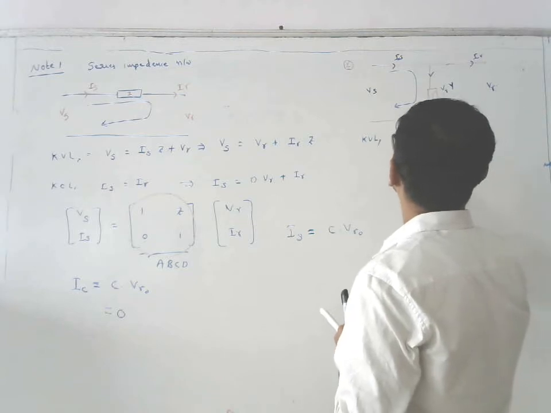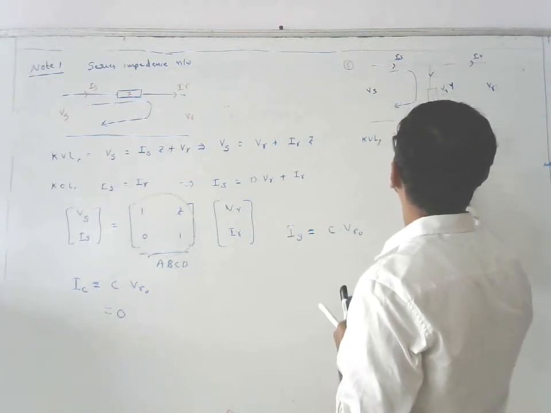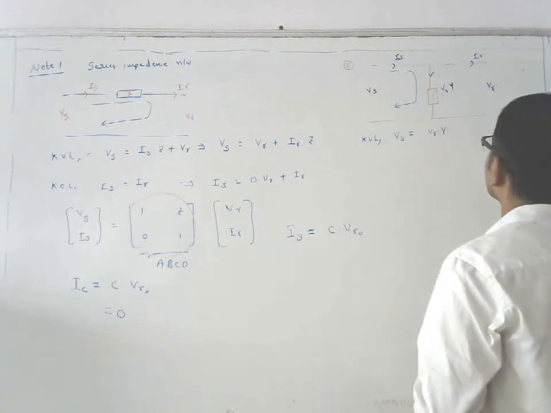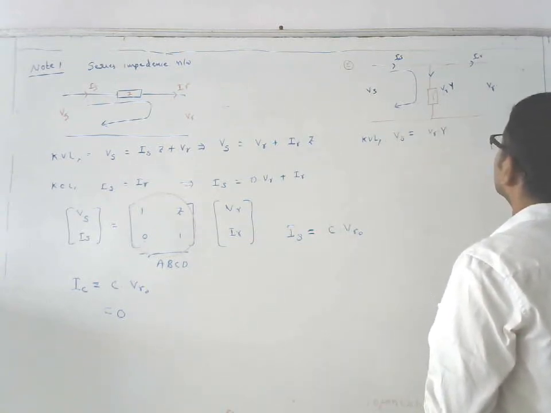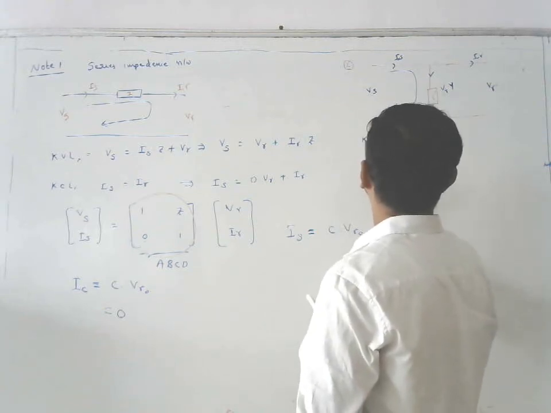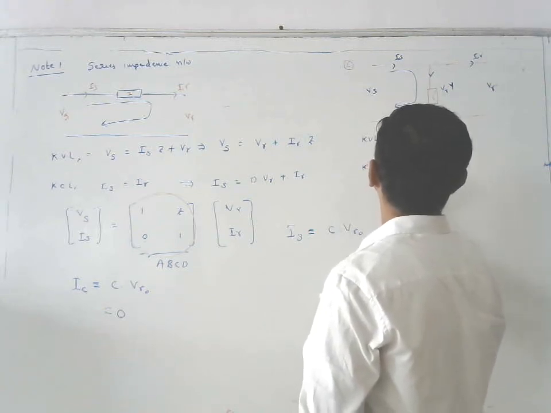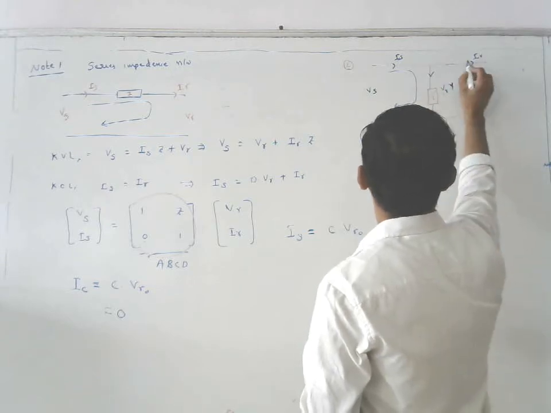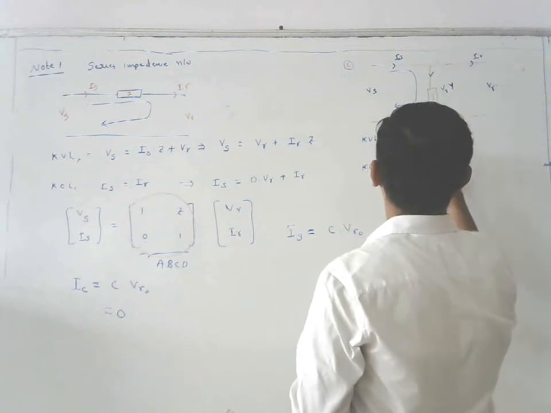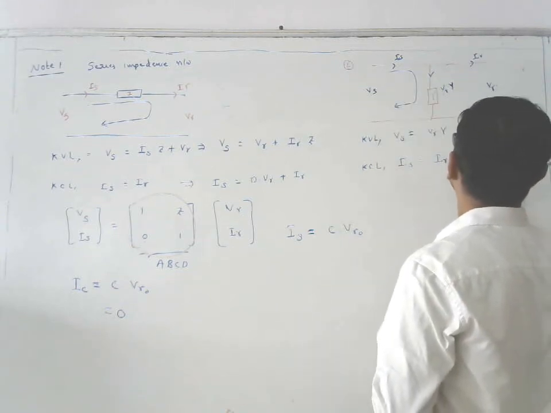VR into... Y. Now if I write the KCL equation, Is is equal to the sum of these two currents, IR plus the current flowing through the shunt, that current is nothing but VR into Y. If I rearrange this equation in terms of VR and IR, the IR term is how much?